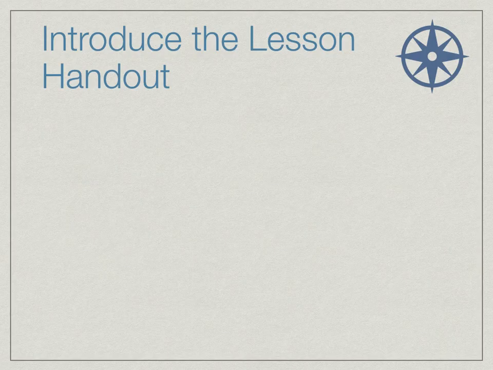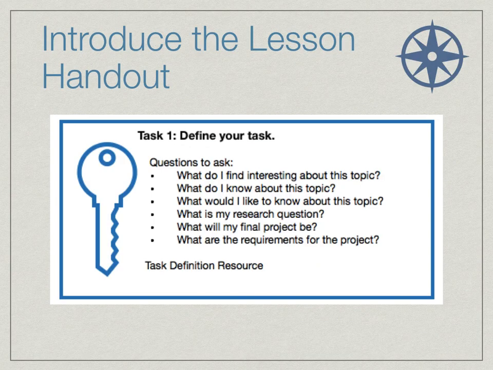So I have a handout for you, and each of the tasks and steps from the Big Six are outlined on it. And for each task, you have a set of questions that might be helpful for you to ask yourself as you approach that part of your research.